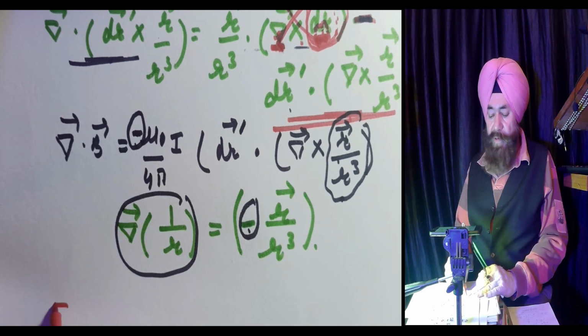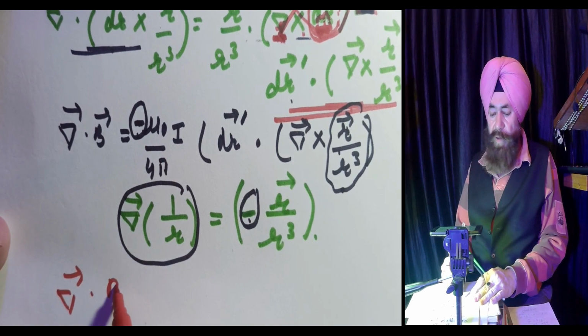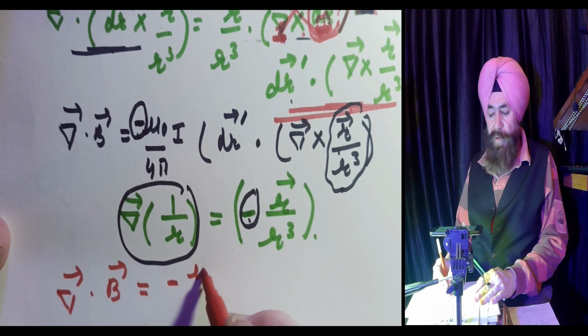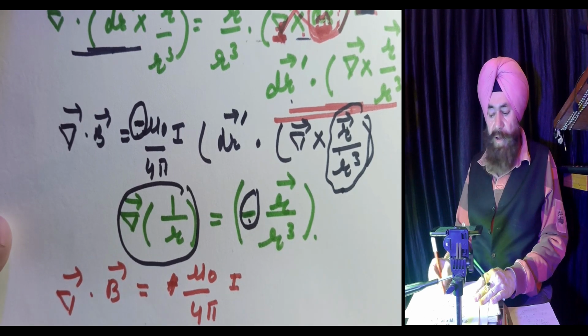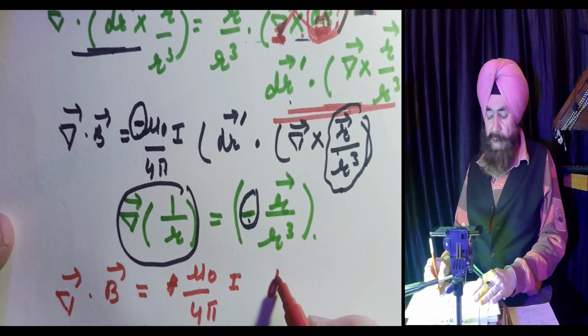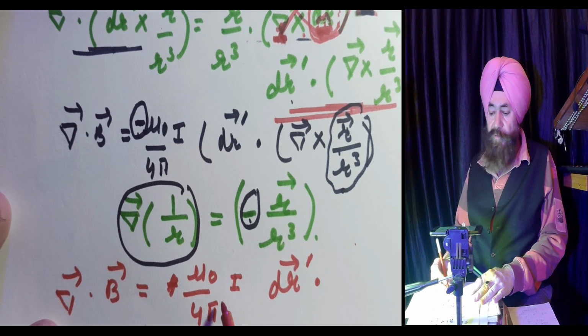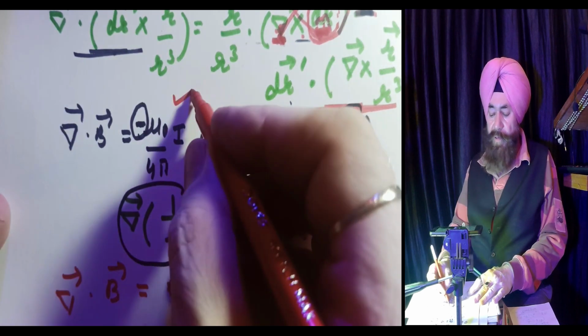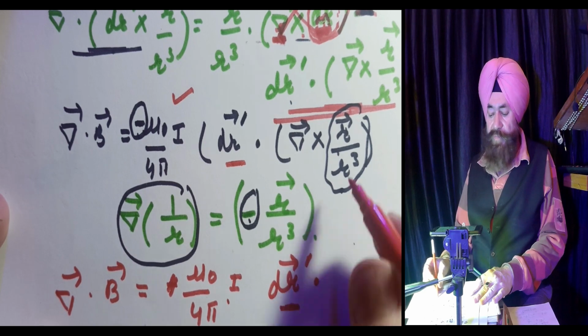So our divergence of B becomes equals to minus mu naught over 4 pi, not minus, sorry, mu naught over 4 pi I, this one, dr dash, okay.